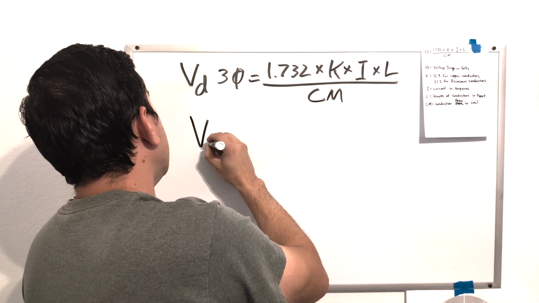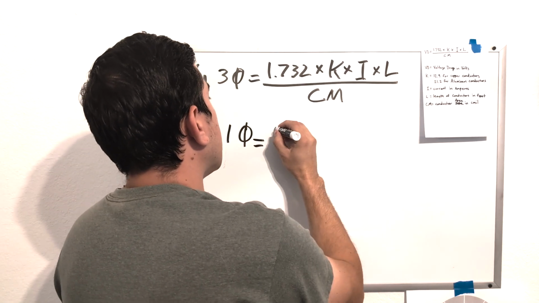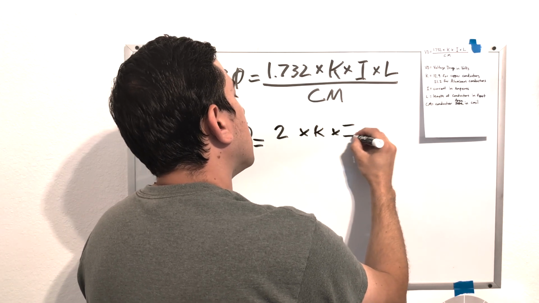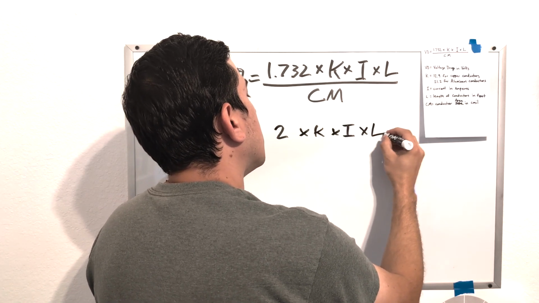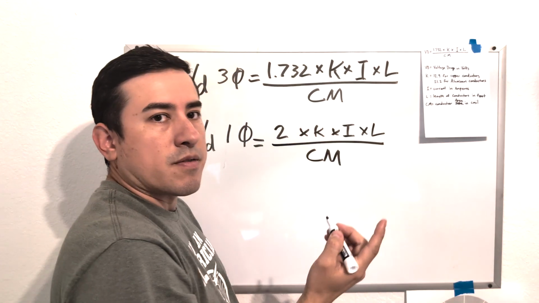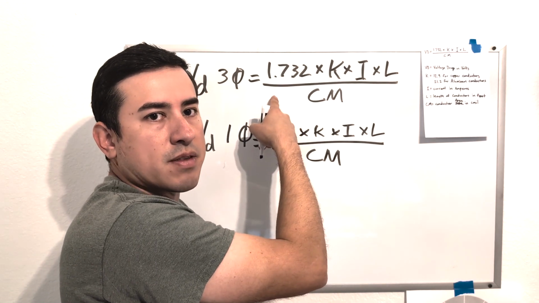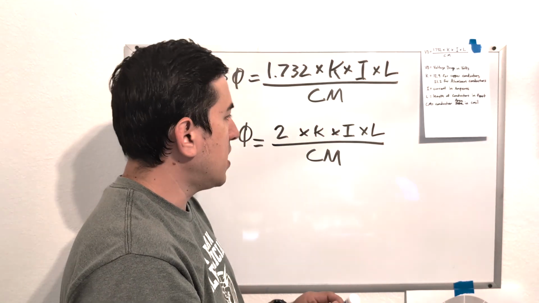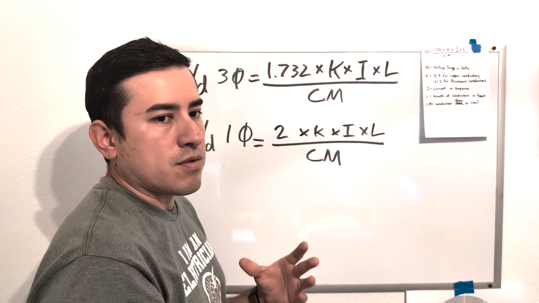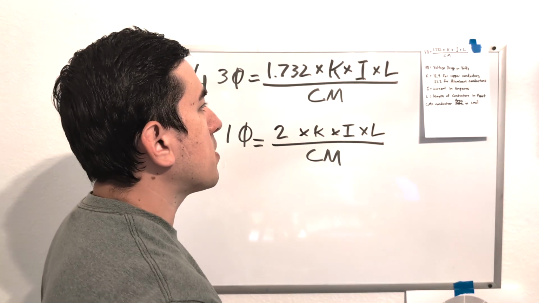And for our single phase systems, it's going to be 2 times K times I times L over Cm. The only difference between single phase and three phase is this 1.732. It is a little bit more efficient than a single phase circuit. And so that's the one thing you have to remember whenever you're doing your voltage drop calculations.